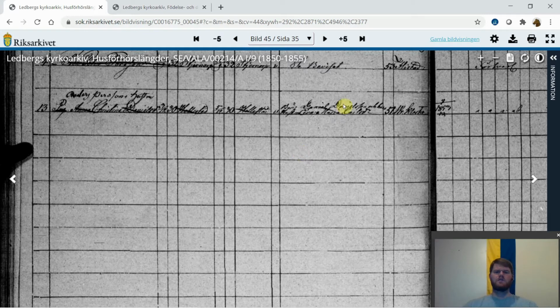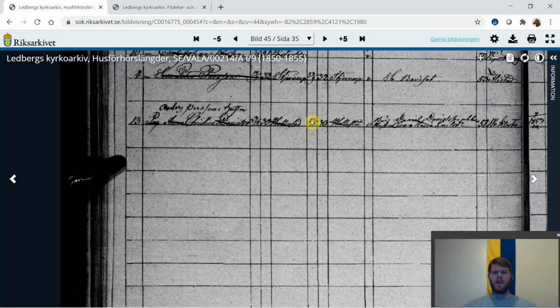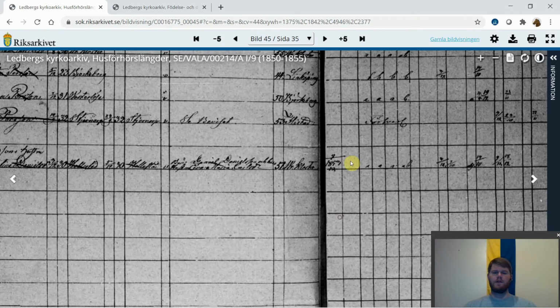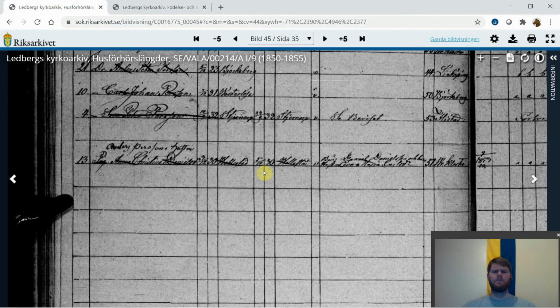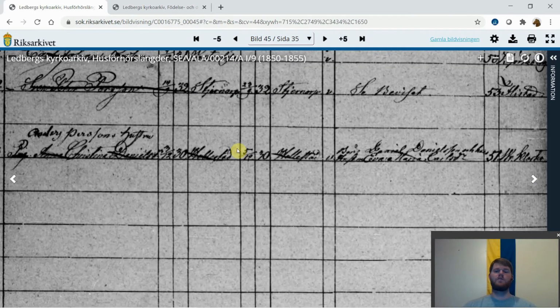So for example, we have this individual right here, Anna Christina, and in the marriage column it says that she got married in this state. So if we were observant, we might notice that it says right here Anders Persson's wife, and we might think, well, that's not very helpful, let's find more information about that individual.